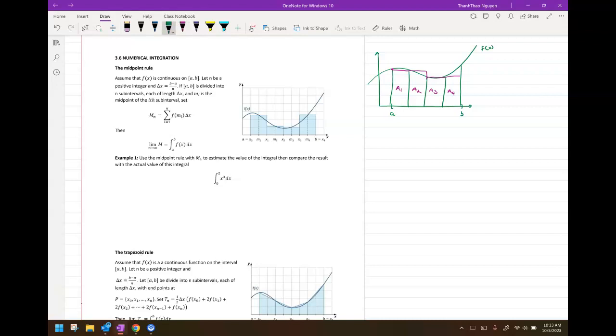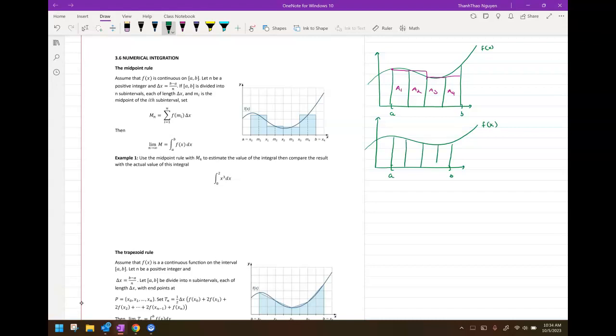If you are using the right-hand side estimate, then we use the right endpoint for our estimation. Again, here we have the interval from a to b, and f of x is continuous in this interval. And then we divide this, let's say, into 4 intervals.